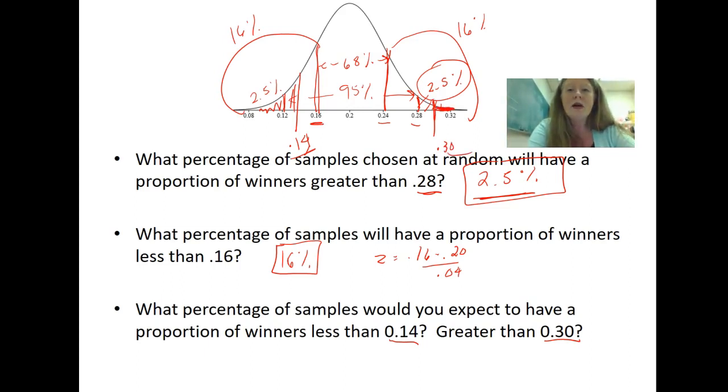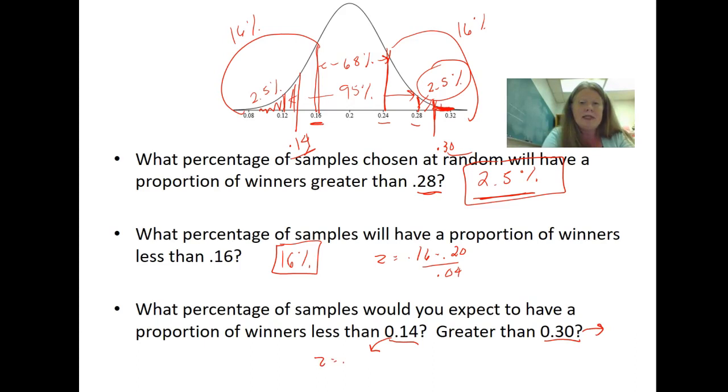So these are cases where 0.14 and 0.30, unfortunately, don't fall exactly 1, 2, or 3 standard deviations from the mean. So in that case, you would have to convert to z. You would, again, have to go to table B. So quickly, I'm going to just show you what this would look like. I want you to practice it on your own and make sure your answers match mine.